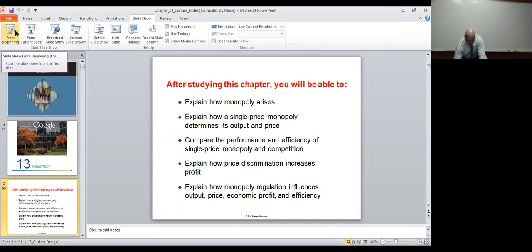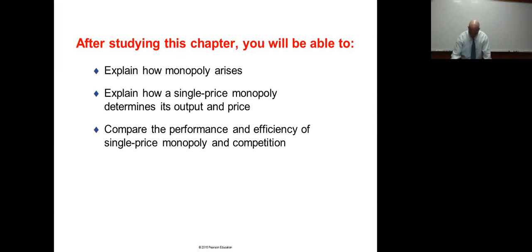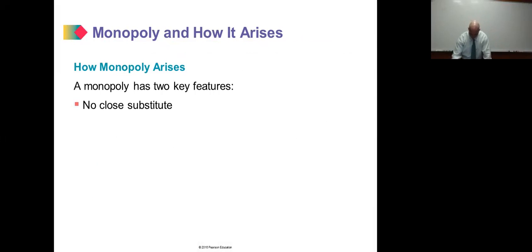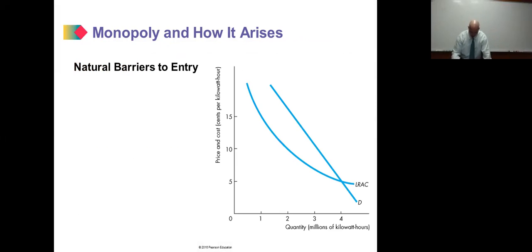Trying to get my pointer working here. All right, so a legal barrier to entry. What do we see right here? I guess we're going to look at a graph here before we go to the other two types.